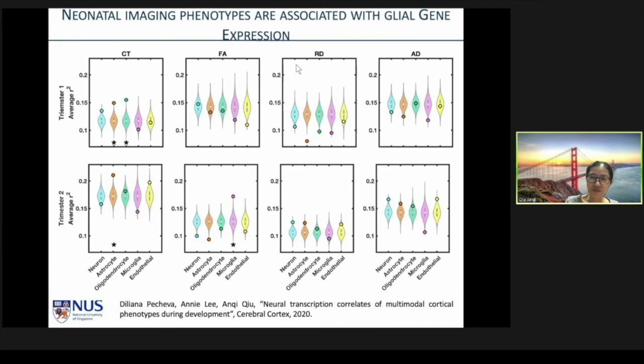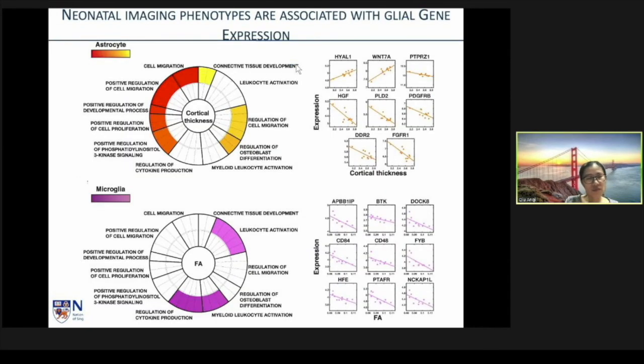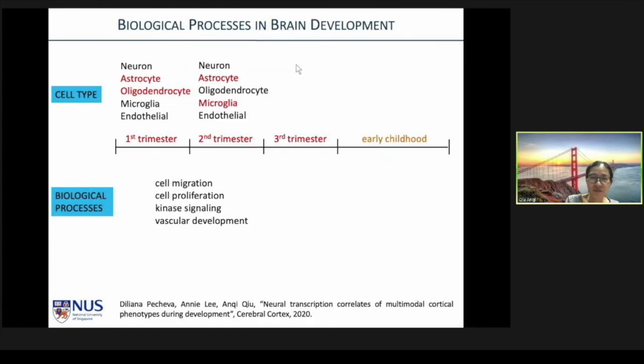So we then take the top 10% of genes whose expression is highly correlated with cortical measures. We look at the biological processes contributed by these genes. And these biological processes particularly involve cell migration, cell proliferation, as well as vascular development. And this information is particularly happening during the fetal stage.